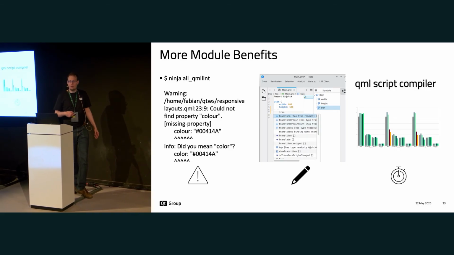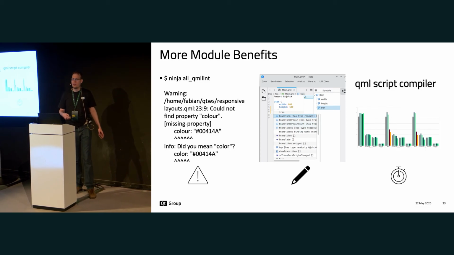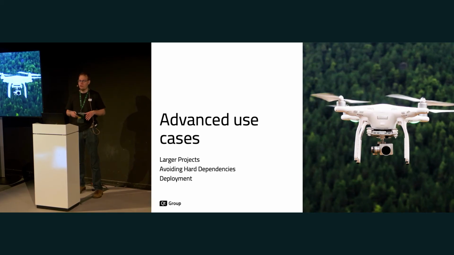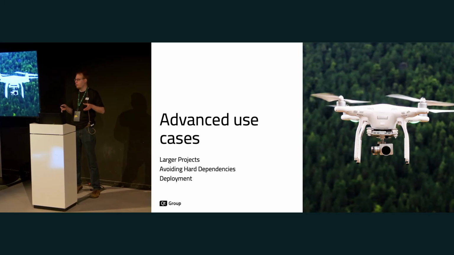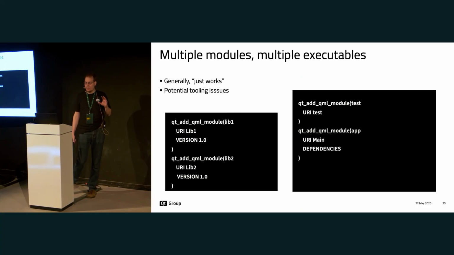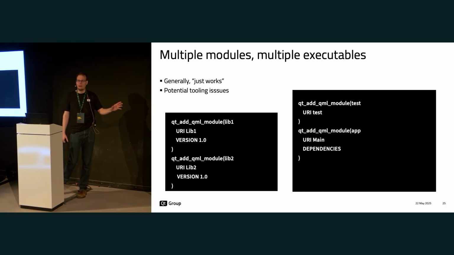And now we go to the next section where we look into a few more advanced use cases. We are not going to do a deep dive into them. I just want to showcase a few things you can do with QML modules. So if you have a larger project, you don't only have one QML module and one executable.